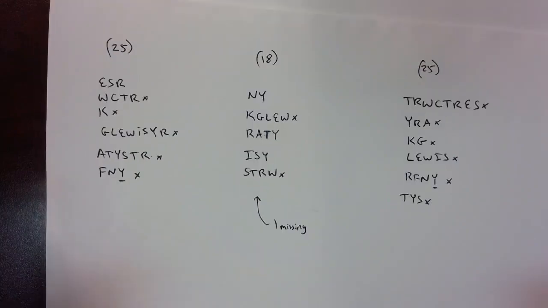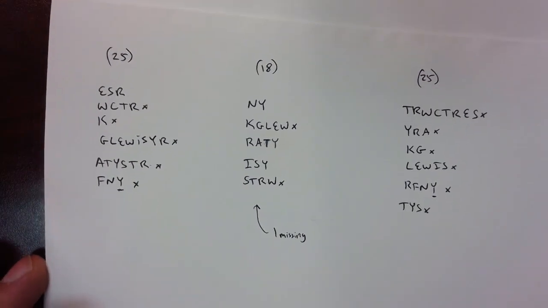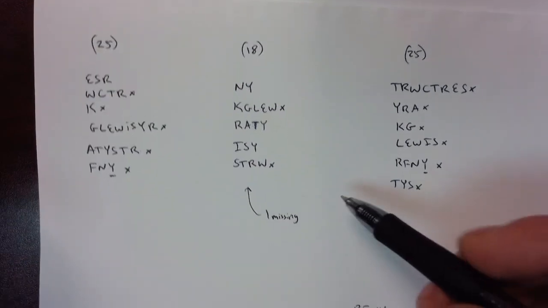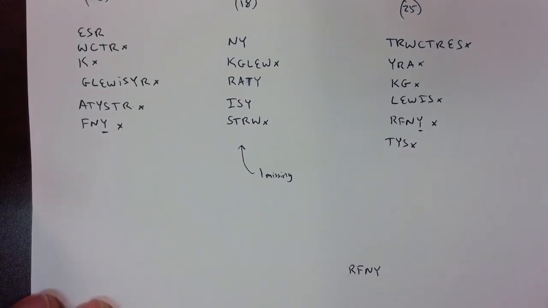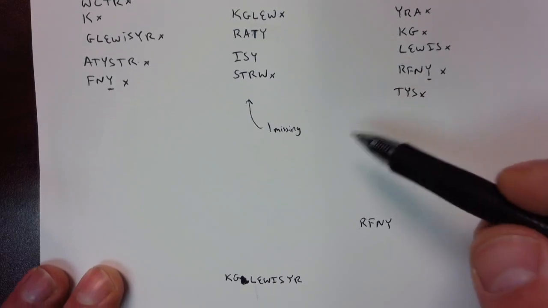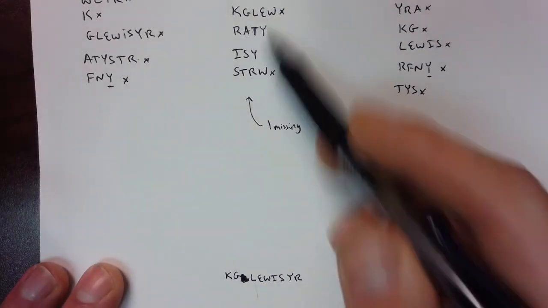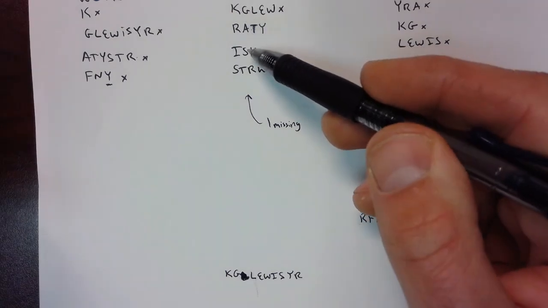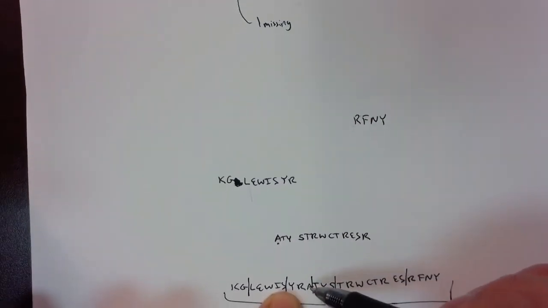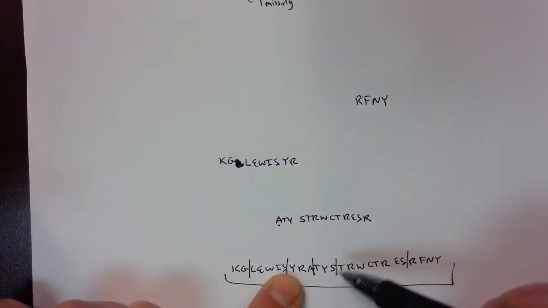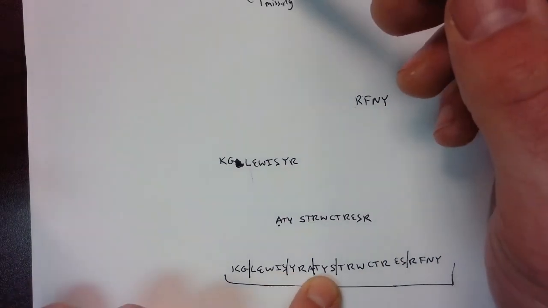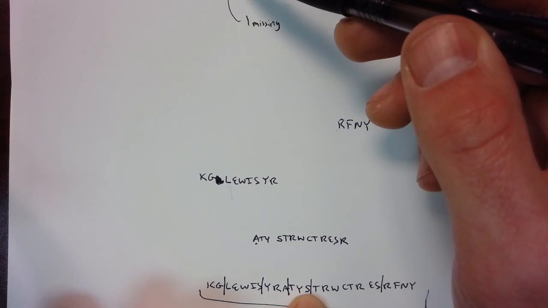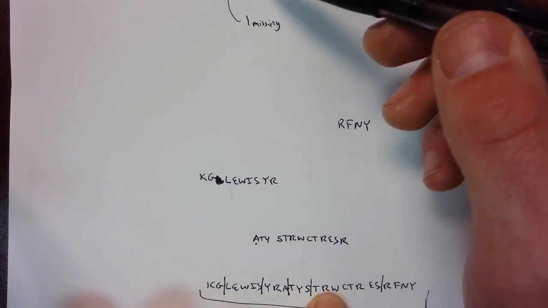So it's kind of a back and forth trial and error kind of thing, but even if you have a missing fragment, which, by the way, the missing fragment here is going to be, see, KGLU, and then ISY, RATY, and then STRW.